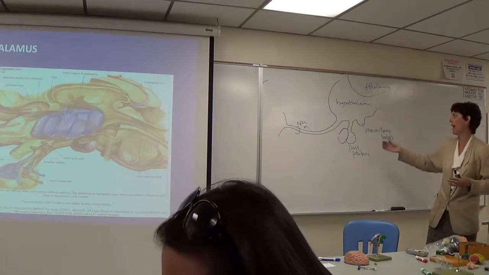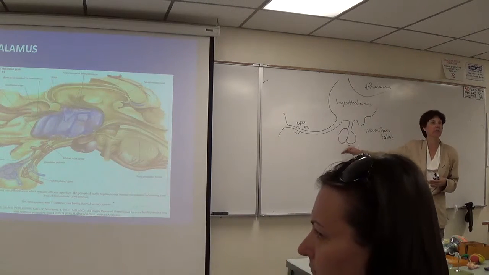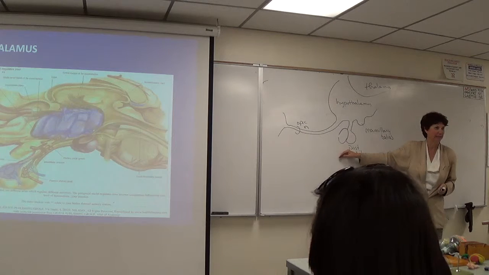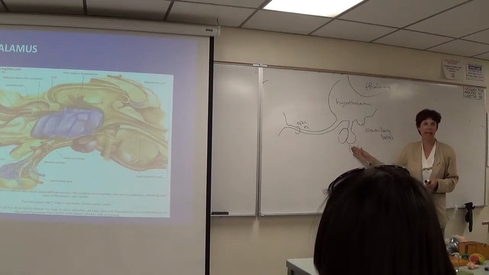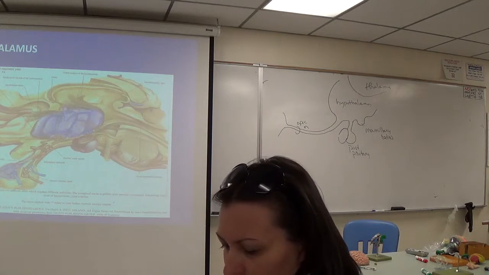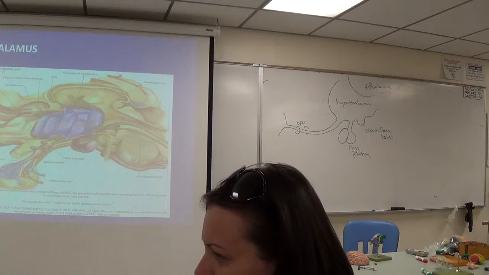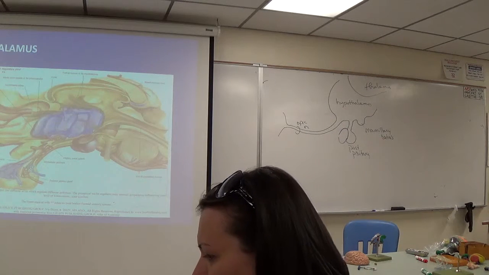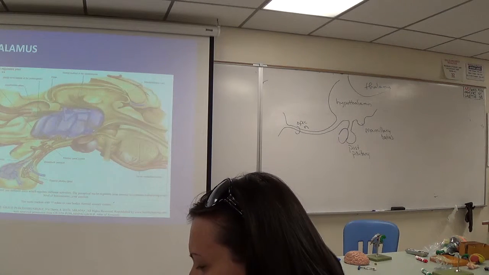So my point in all that is the hypothalamus actually controls the pituitary, in addition to making two of its own hormones. The hypothalamus controls the autonomic nervous system. We're talking about the fight or flight. At the very beginning of the nervous system, we talked about the voluntary and involuntary.